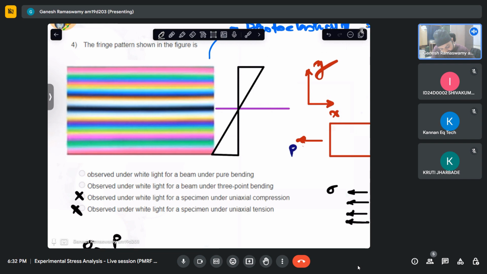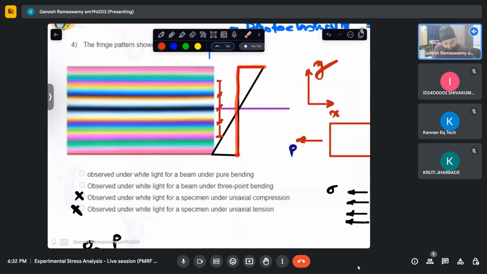Now, if we see the distance between these 2 points, it is nearly the same as the distance between these two. This distance is the same as this distance because these fringes are essentially equidistant. So that tells us that there is a linear variation in whatever parameter we are looking at.